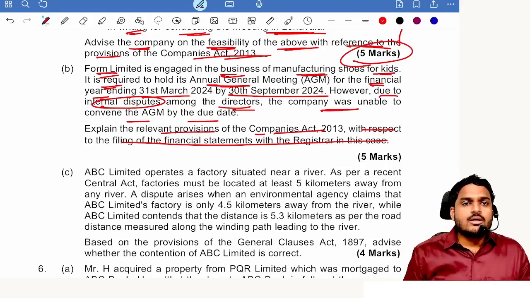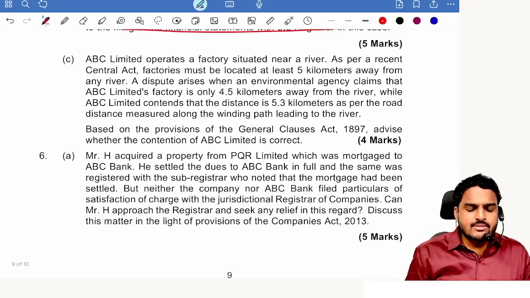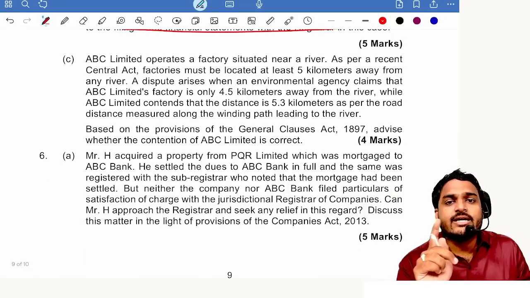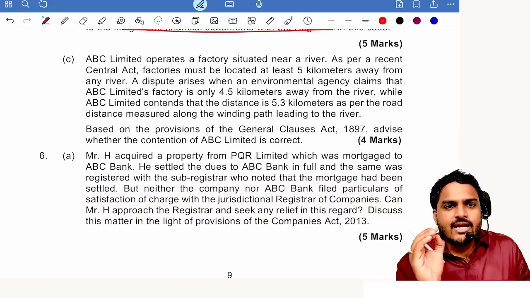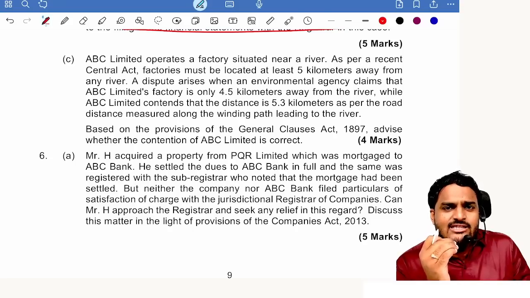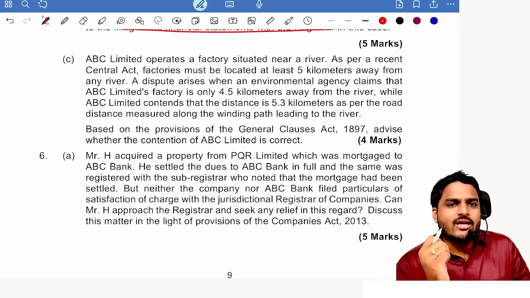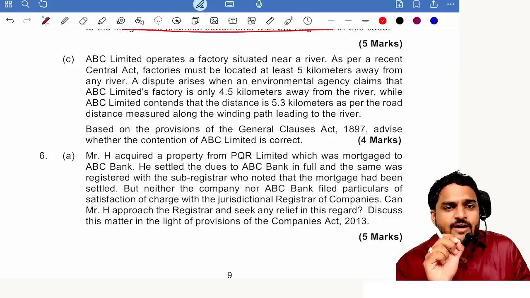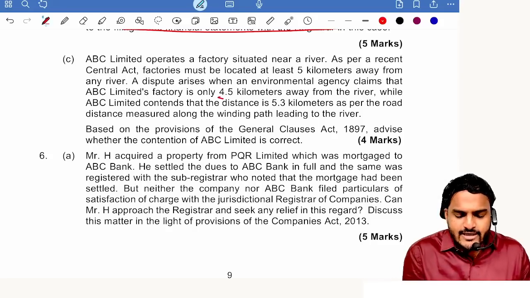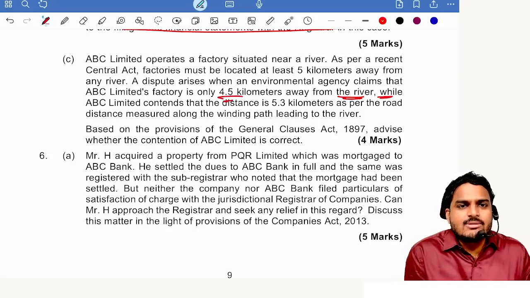Okay, everyone. ABC Limited operates a factory situated near a river. As a recent Central Act, factories must be located at least 5 kilometers away from any river. A dispute arises when an environment agency claims that ABC factory is only 4.5 kilometers away from the river, while ABC Limited contends that distance is 5.3.